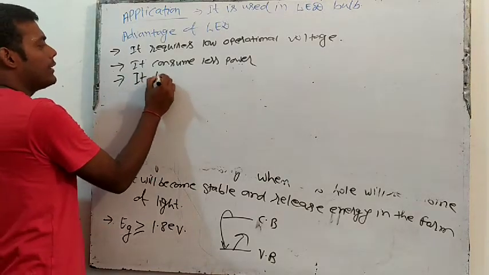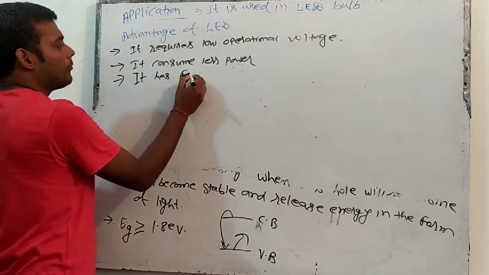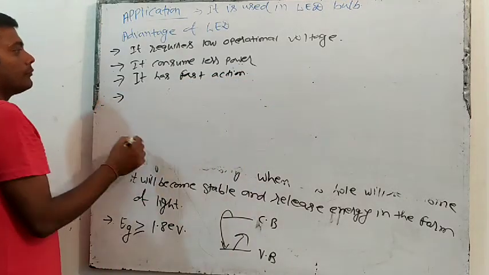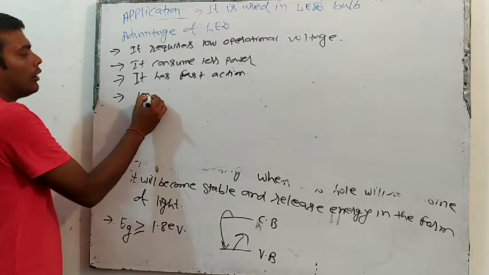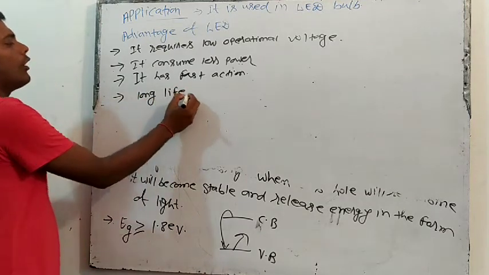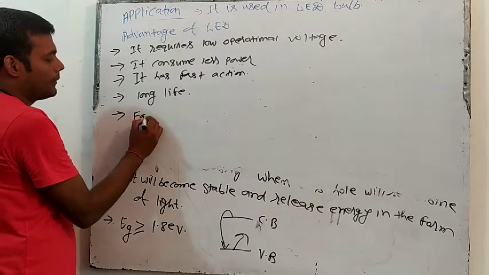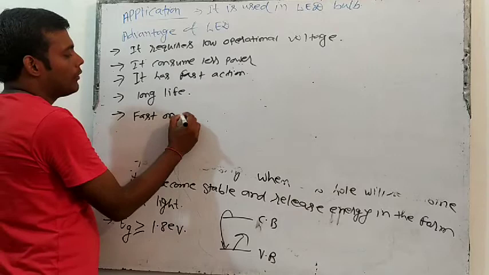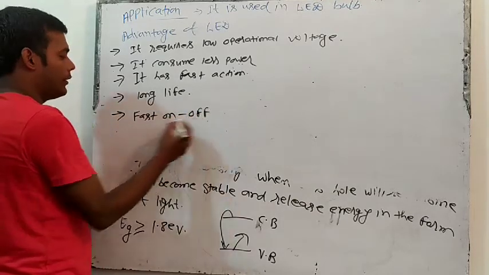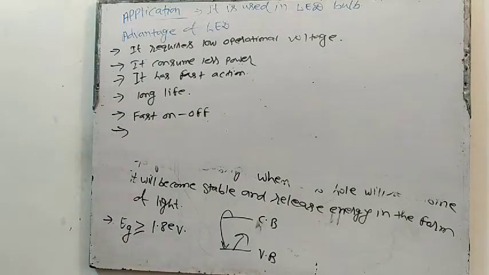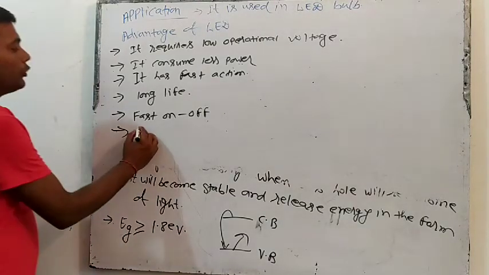It has fast action, that means it is not slow. Long life. It has long life because it has no any filament, so that it can fuse. Fast on off. You can do fast on off. Right? No warm up time.